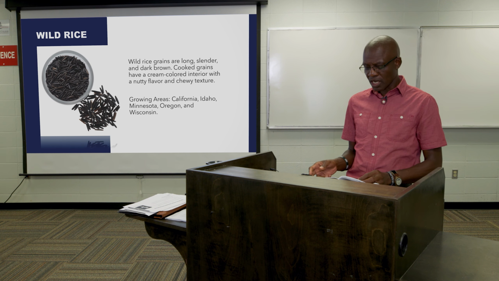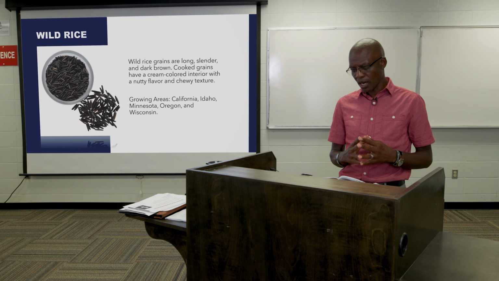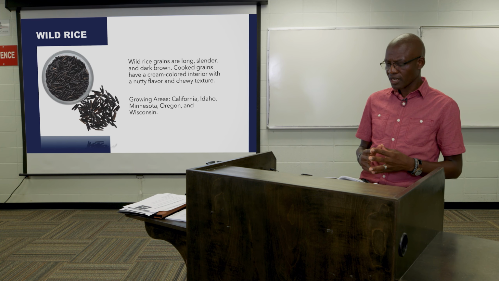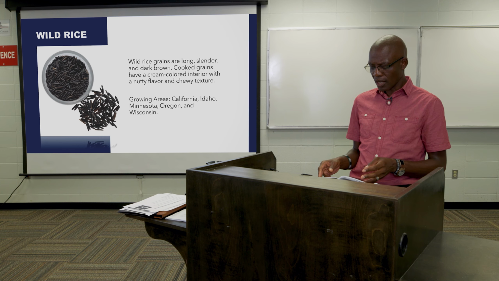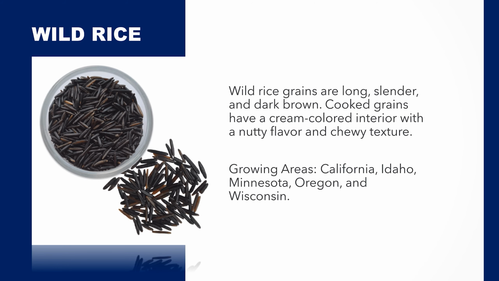Last of this specialty and aromatic rice is the wild rice. The wild rice are long, slender, dark brown. The cooked grain has a creamy colored interior with a nutty consistency. They have a nutty flavor. They are chewy in texture.